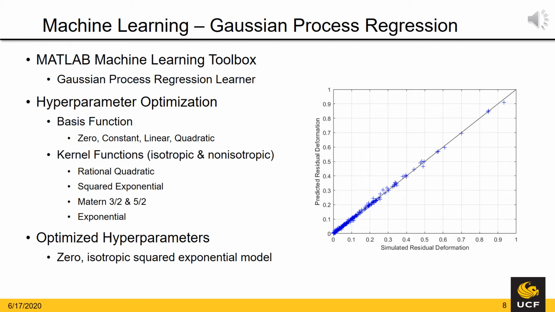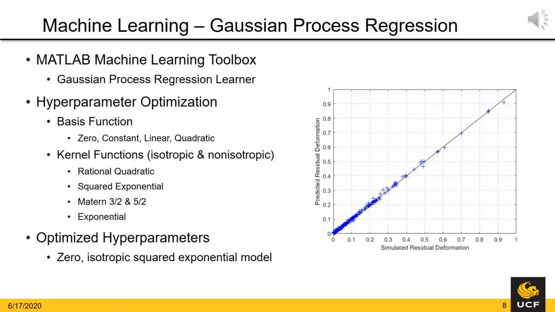The available covariance functions to choose from were the rational quadratic, the squared exponential, Matern 3/2 and 5/2, as well as the exponential covariance function. The resulting surrogate model with a minimal root mean square error of 0.007734 mm was built by a zero basis function with an isotropic squared exponential covariance function.